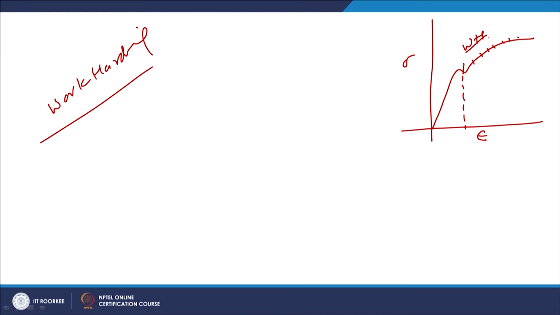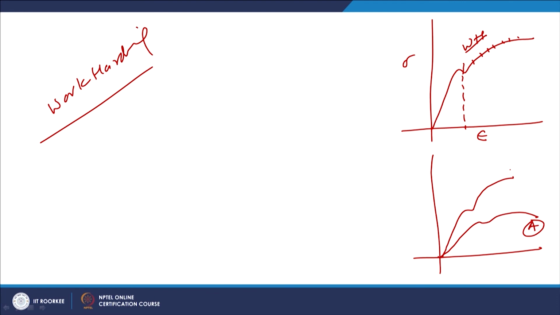Different materials work harden at different rates. We may have one plot of this kind for one metal A, the stress strain diagram for another metal will be like this, and for a third metal it may be like this.